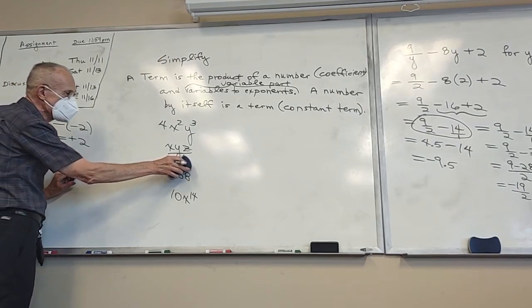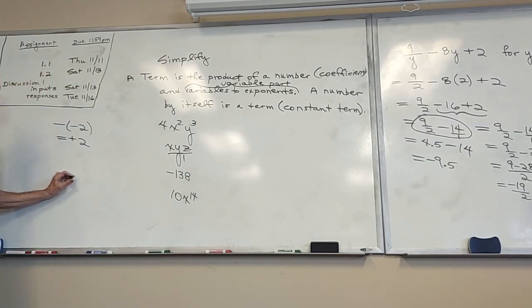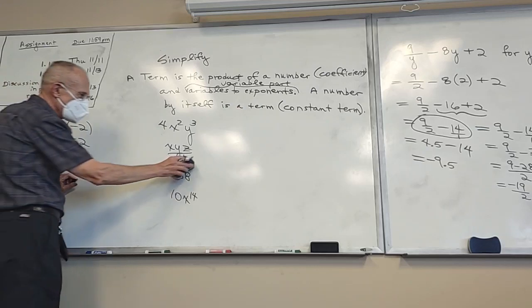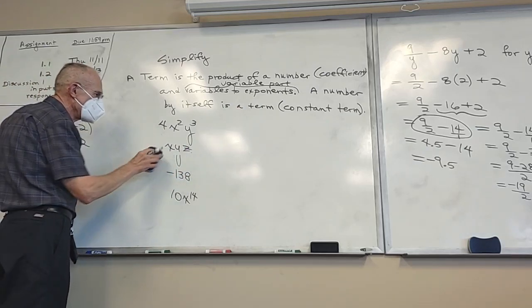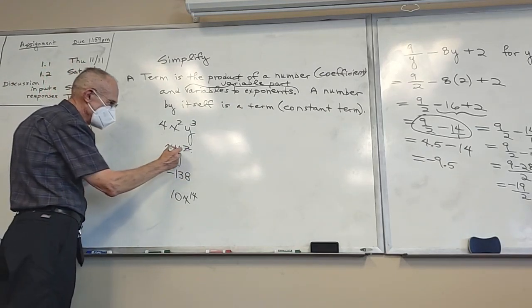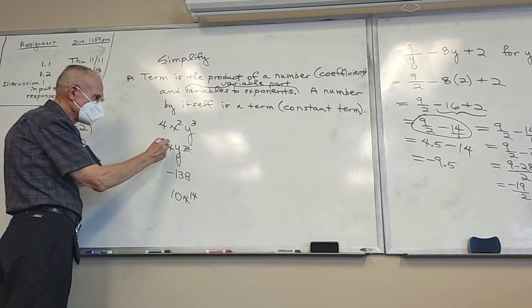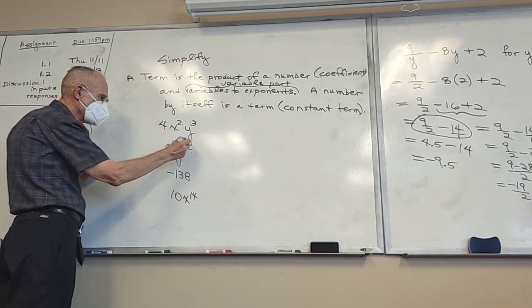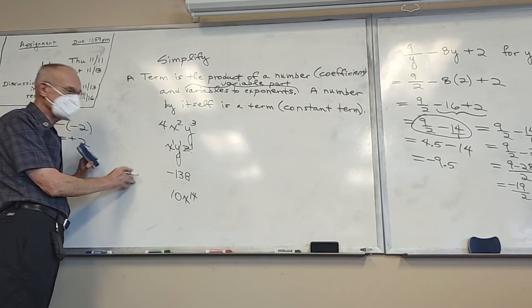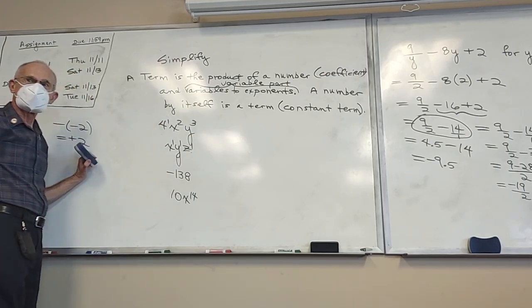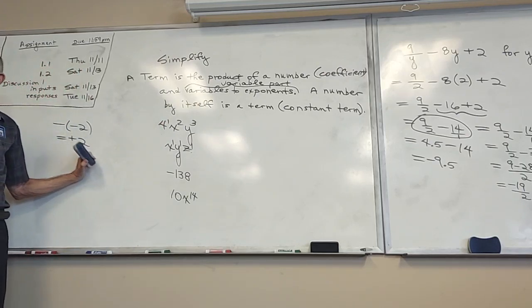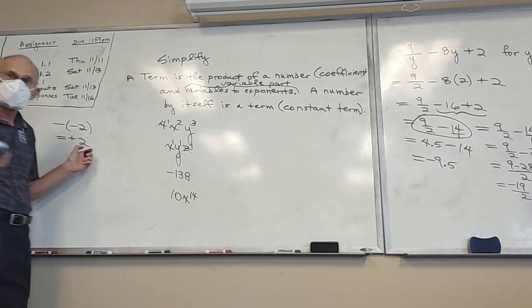I put this here because everything has a denominator, whether it's shown or not, because the denominator is 1. Everything has an exponent, whether it's shown or not. X is 1, Y is 1, Z is 1, right there. This 4 is 1. Everything has an exponent, and if it's not shown, it's 1.